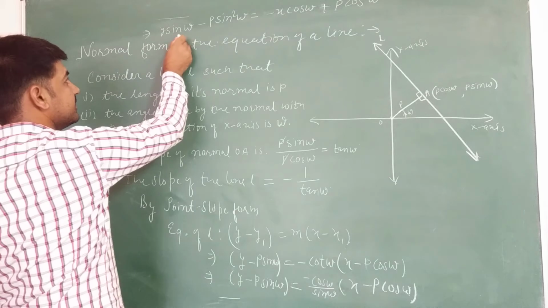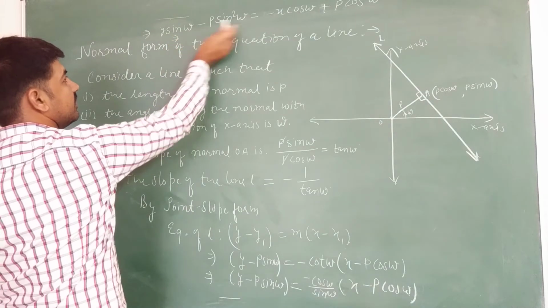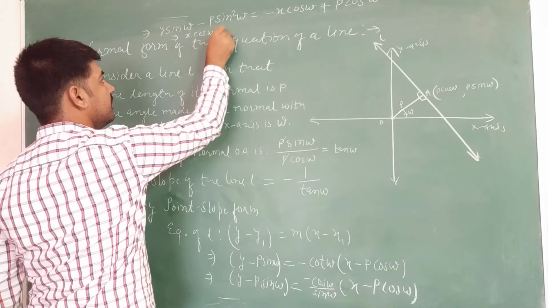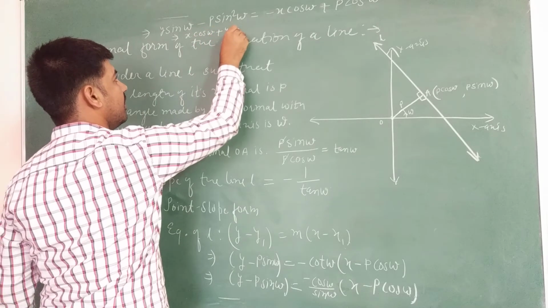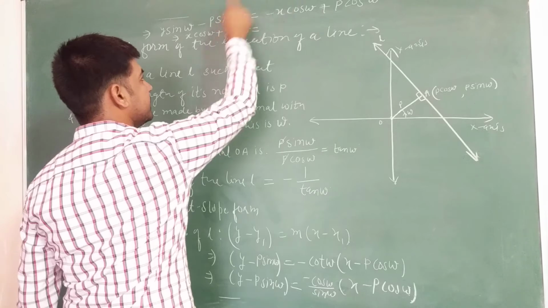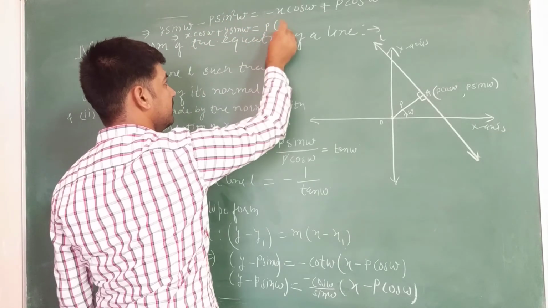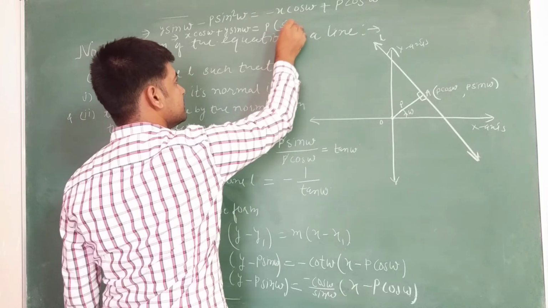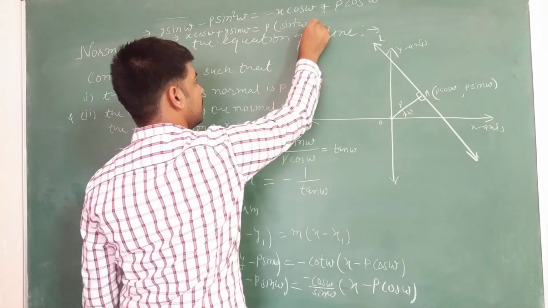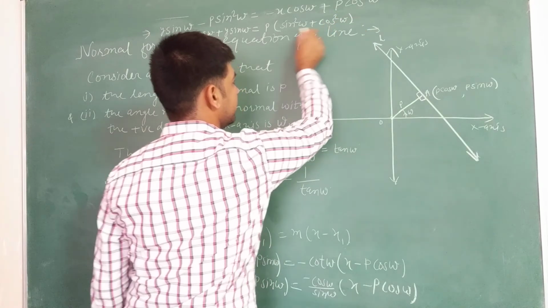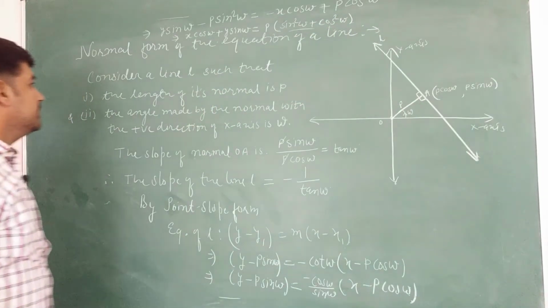Implies that, get this term this side, x cos omega plus y sin omega is equal to, get this term that side, we get p common and sin squared omega plus cos squared omega, and that is equal to 1.